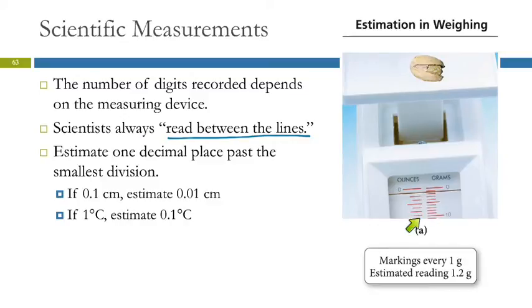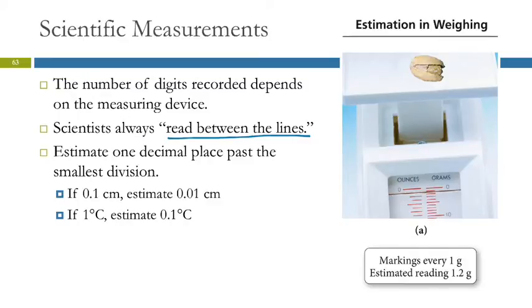Because when we look at this, we see that this line that's telling us the mass is definitely more than 1 gram and less than 2 grams. Do you see that? It's 1 point something. We don't want to just write 1 gram. That would imply it's between 0 and 2 grams. We know more than that.